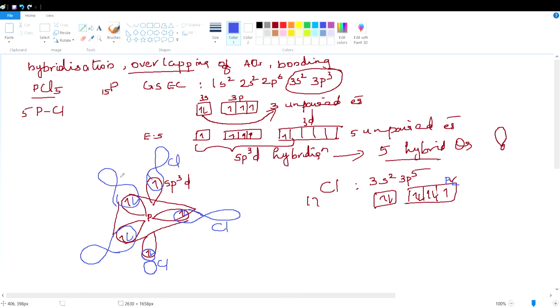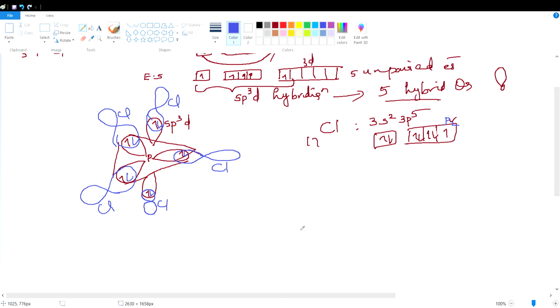So these are the half-filled pz atomic orbitals of 5 chlorine atoms which overlap with the sp3d hybrid orbitals of phosphorus, forming 5 phosphorus-chlorine sigma bonds. Because it is axial overlapping, it forms a sigma covalent bond. 5 PCl sigma covalent bonds are formed.